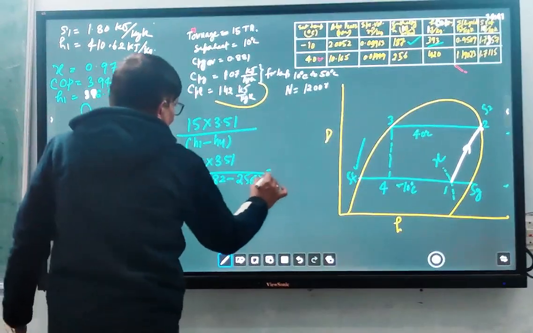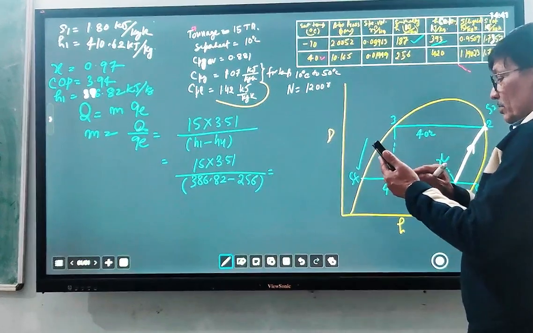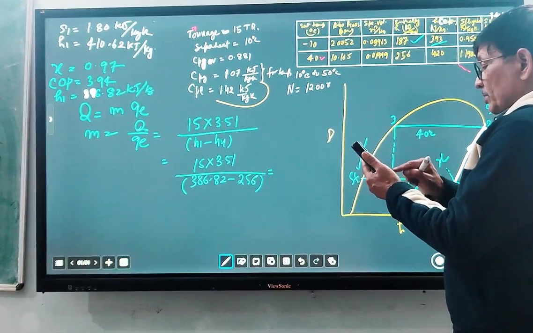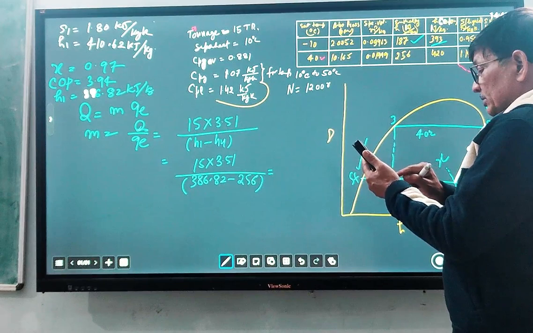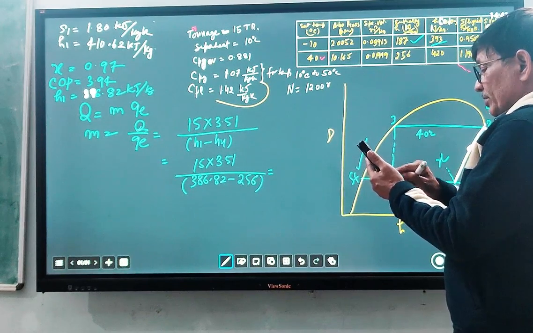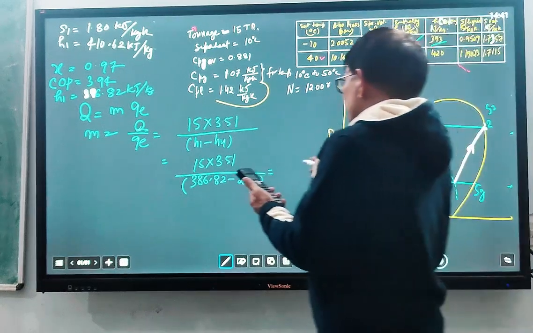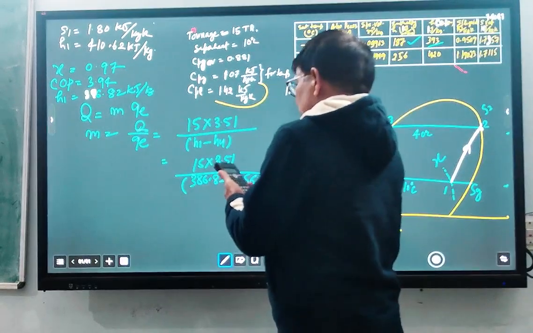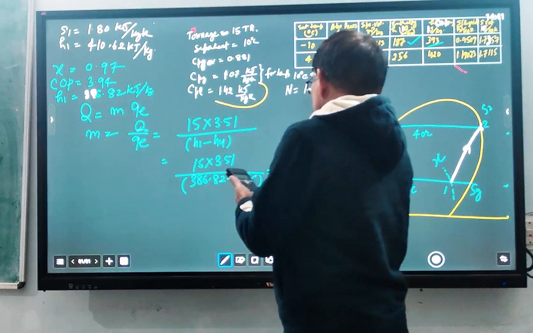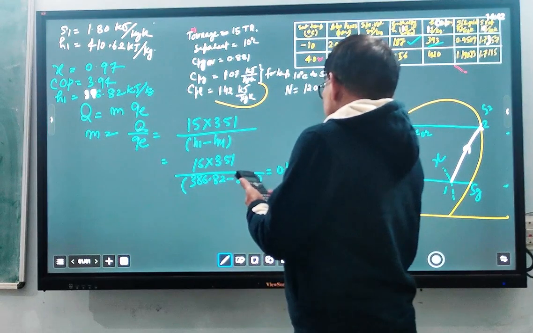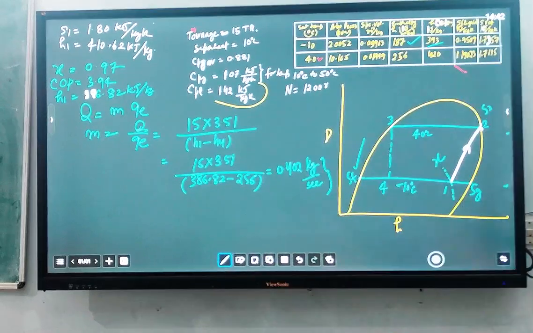So now mass flow rate equal to 15 into 3.51 upon 386.82 minus 256, that is equal to 0.402 kg per second.